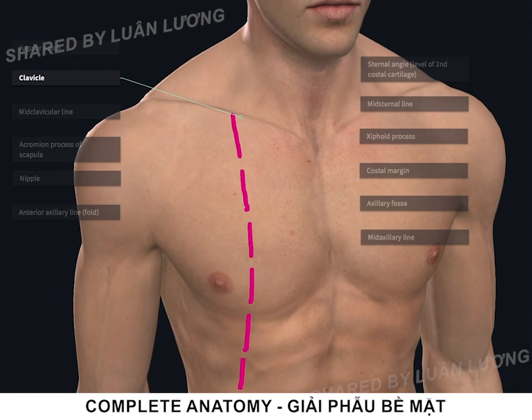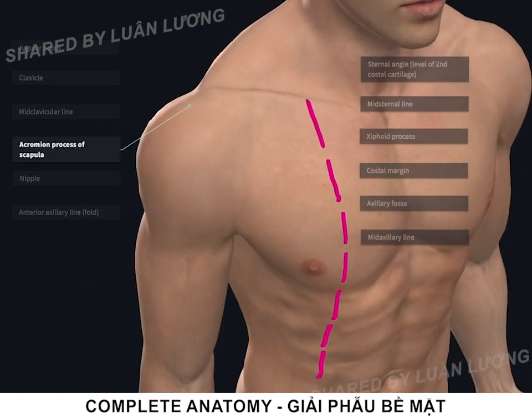Let's begin first by moving laterally along the clavicle, which can readily be felt in most individuals because there's very little superficial fat lying superficial to the clavicle. As you start to move laterally, you're going to reach the lateral aspect, which is the acromial end of the clavicle, which meets up with the acromion process of the scapula here at the acromioclavicular joint near the shoulder.